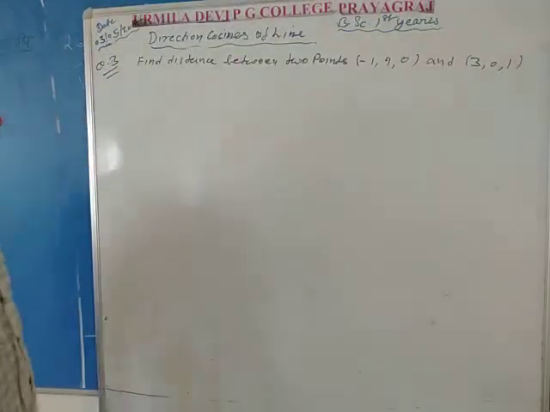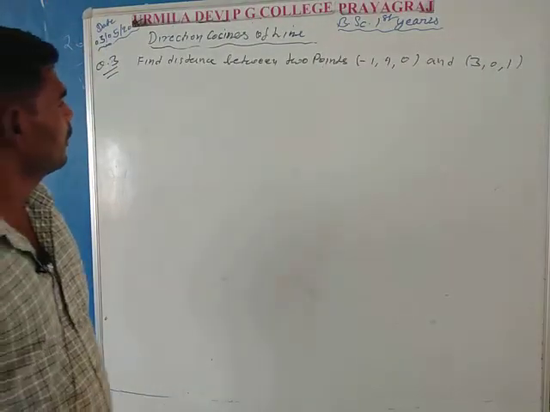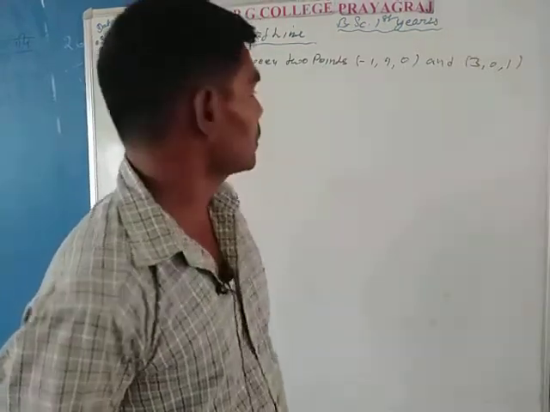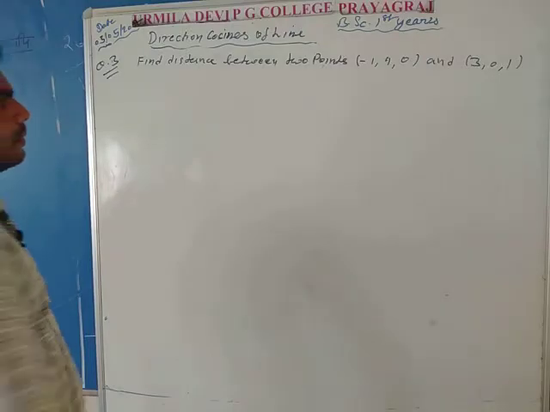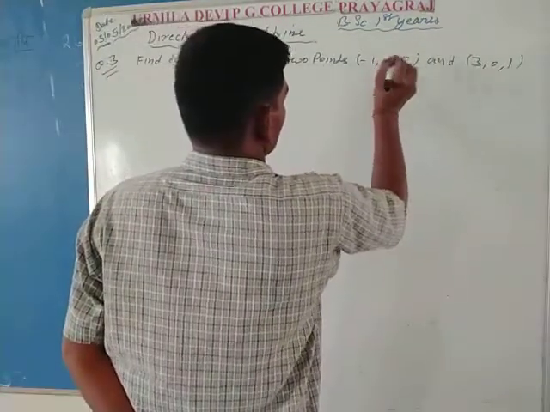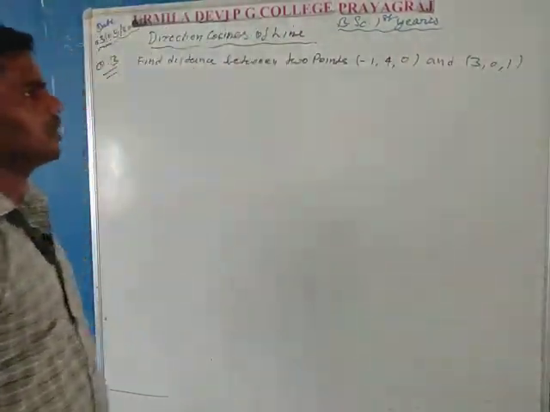In this question, find the distance. A very simple question: find the distance between 2 points. The first point's coordinates are minus 1, 4, 0, and the second is 3, 0, 1.